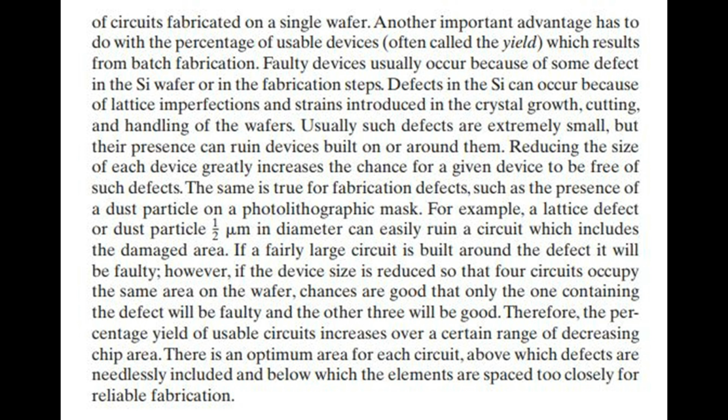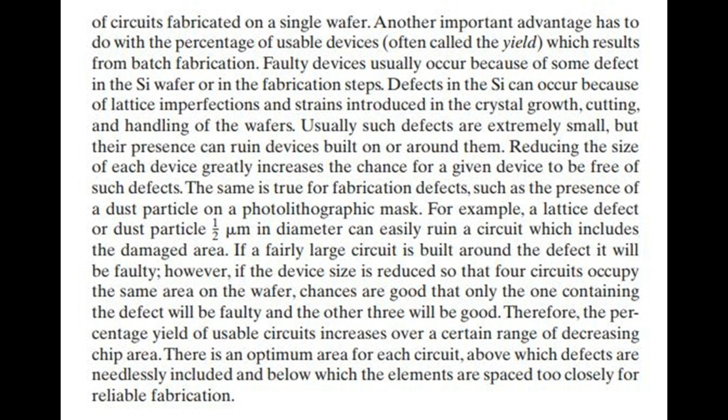Reducing the size of each device greatly increases the chance for a given device to be free of such defects. The same is true for fabrication defects, such as the presence of a dust particle on a photolithographic mask. For example, a lattice defect or dust particle 1/2 micrometer in diameter can easily ruin a circuit which includes the damaged area. If a fairly large circuit is built around the defect it will be faulty.